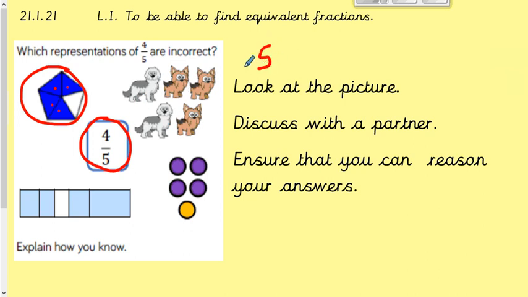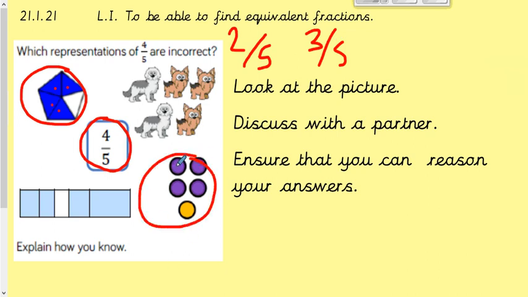Now, depending on which type of dog you're looking at, we either have 2 white ones, so 2/5 of the dogs are white, or we have 3/5 brown, and neither one of those show 4/5. So therefore, this is incorrect because depending on how you look at it, it doesn't show 4/5 anyway. Okay, because if you're looking at the white dogs, 2 out of 5 are white, or if you're looking at the brown ones, 3 out of 5 are brown, sorry. Let's have a look at this one then, the one at the bottom.